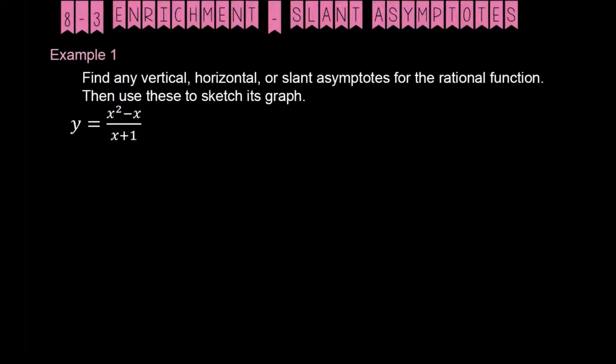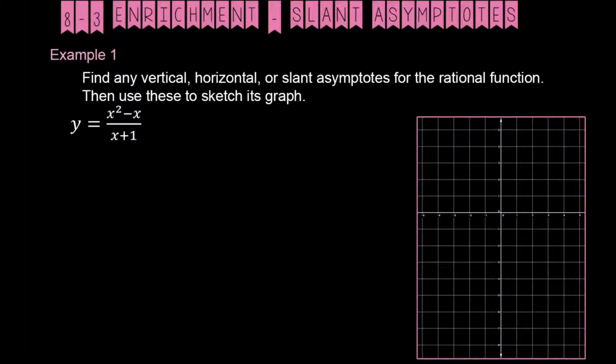We want to find the vertical, horizontal, or slant asymptotes for the rational function, and then use these to sketch its graph. So let me get some graph paper up here so we're ready to go. To find our vertical asymptotes, we of course want to look at the denominator of our function and see where it will equal 0.